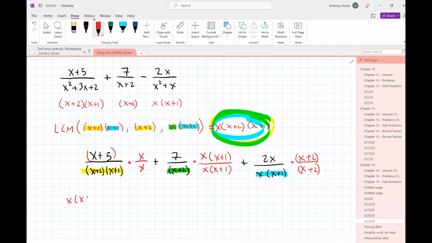So I'm going to have, let's just do this. Multiply the numerators out. Oops.